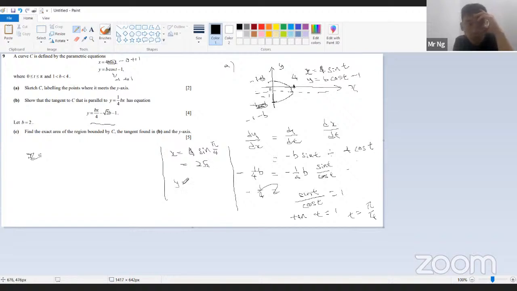Then after that your y equals to b, I think it's the same, cosine pi over 4. Okay, so with that you got the gradient, you got the point.